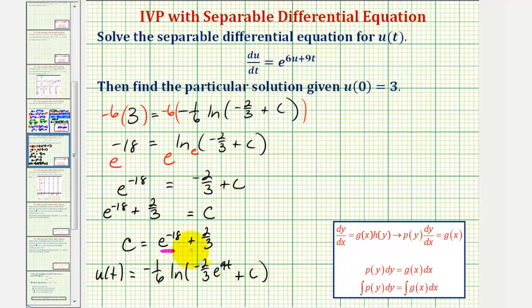We'll now perform this substitution for c, giving us our particular solution. So we'd have u of t equals negative 1/6 natural log of negative 2/3 e to the 9t plus c, where c is e to the negative 18th power plus 2/3.